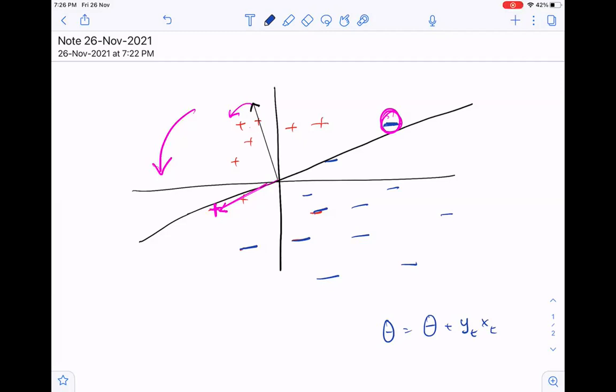In that case, I should not add this point, but subtract this vector. And that is why this sign is there. Yes, sir, that is clear.